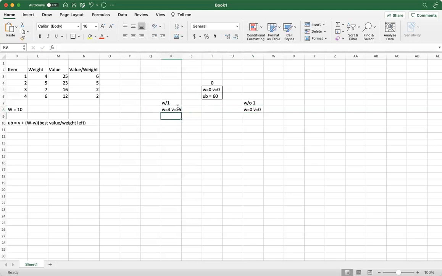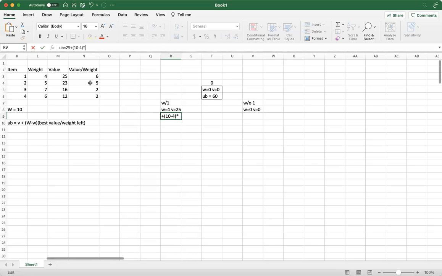To calculate the UB over here, it's going to equal our current V, we look at just the cell above, the value is 25. I get that mixed up every time. The value is 25 plus the big W, 10, minus the 4 which we have, or a 6, times the best value to weight ratio that we have left.